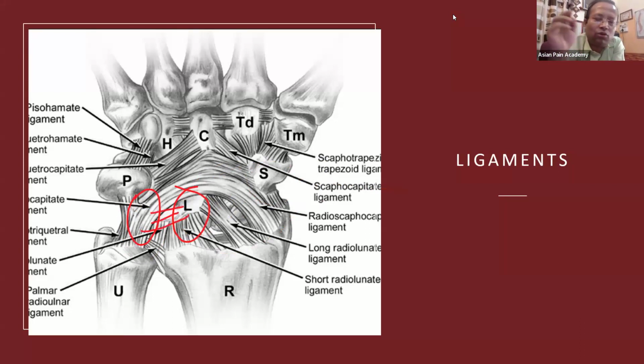These two ligaments are sufficient for seeing, because they are most important when an injury is concerned. For any other ligament injury, of course MRI is the gold standard to see whether any very small injury is there or not. These are very small ligaments. All ligaments you cannot see under ultrasound.